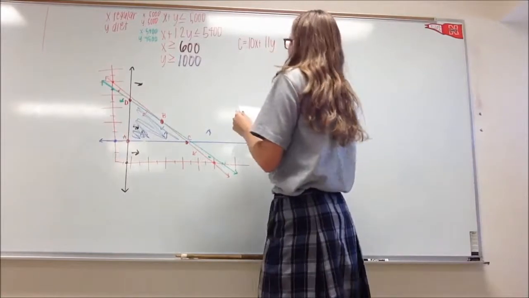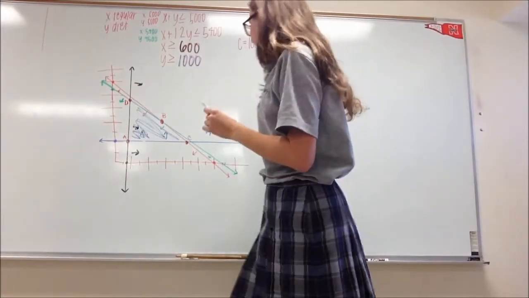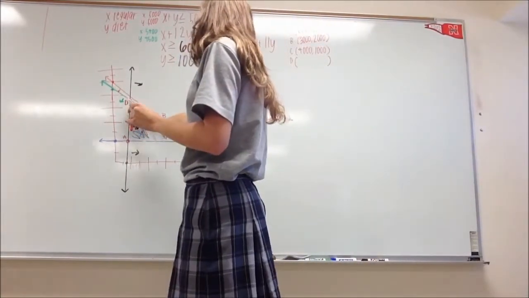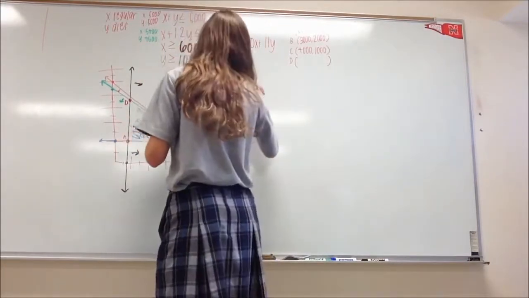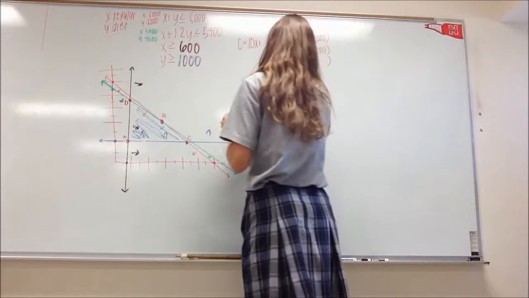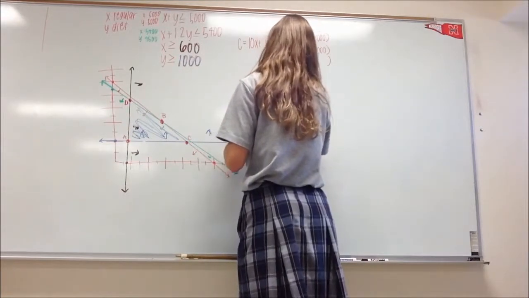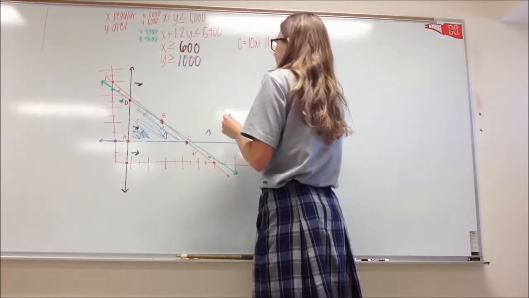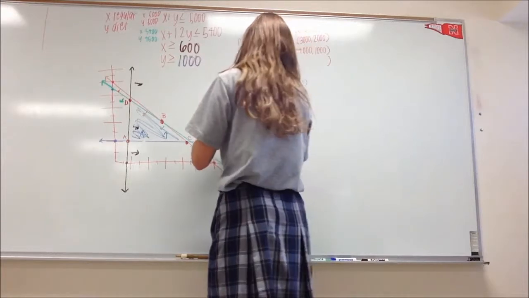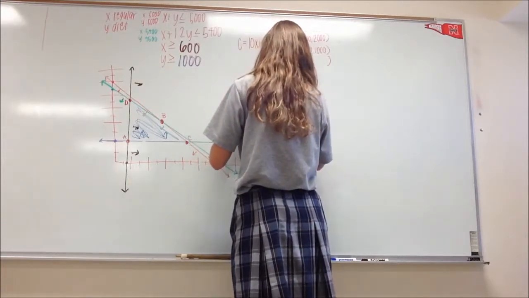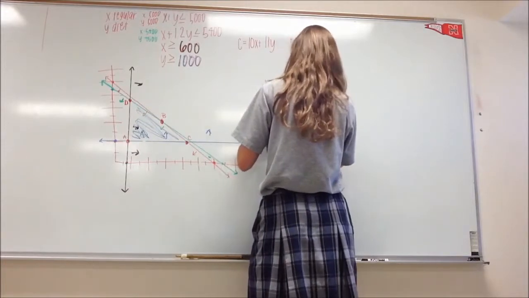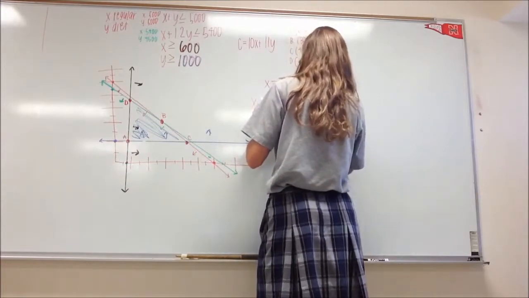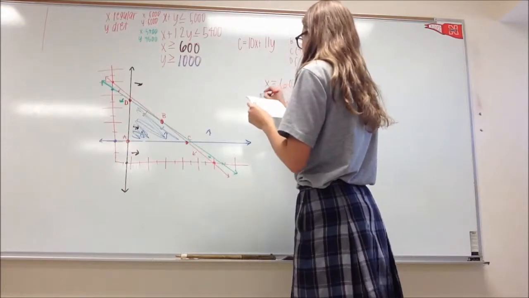Okay, so now we need to find D. So D is the green line and the brown line. And so that's x equals 600, and x plus 1.2y equals 5,400. And then you plug in x right here.